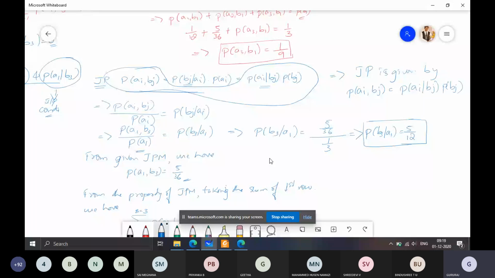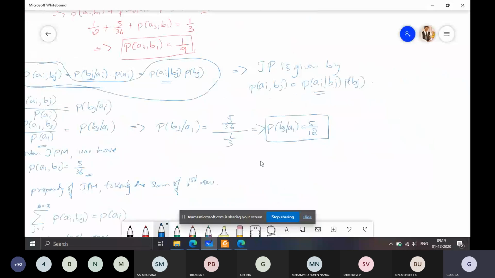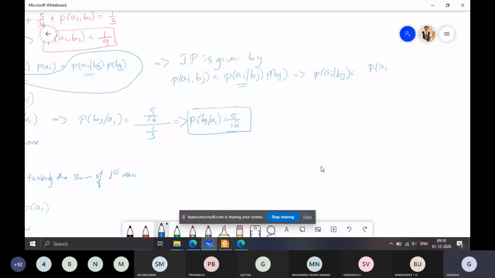Since I want P of Ai by Bj, this implies P of Ai by Bj is equal to P of Ai comma Bj divided by P of Bj.